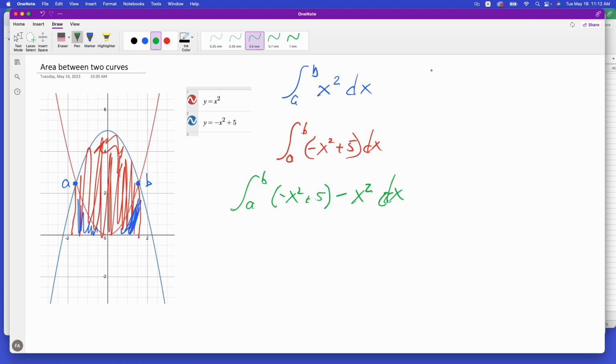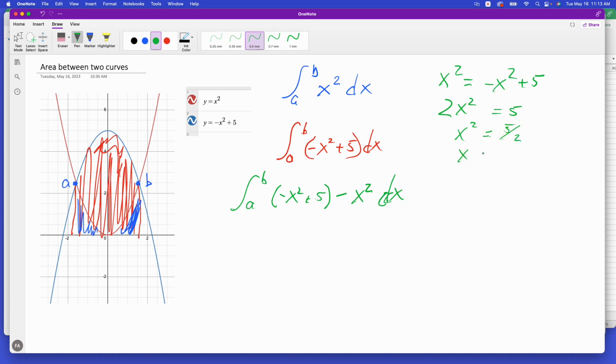So what we'd want to do then is take x squared and set it equal to negative x squared plus 5, right? And find the intersection points A and B. So that means we got 2x squared equals 5. I could actually move the 5 over to the other side and use the quadratic formula on this one, but since I don't have a middle term, I can just continue solving it like this. So I end up with x squared equals 5 halves.